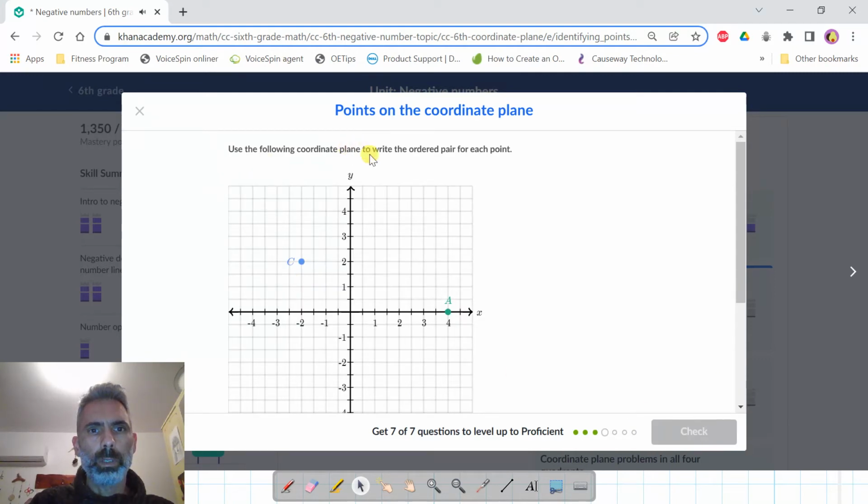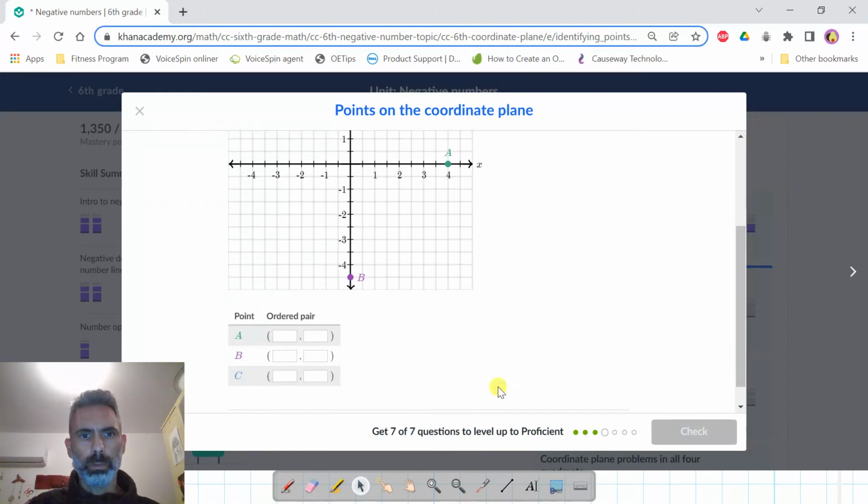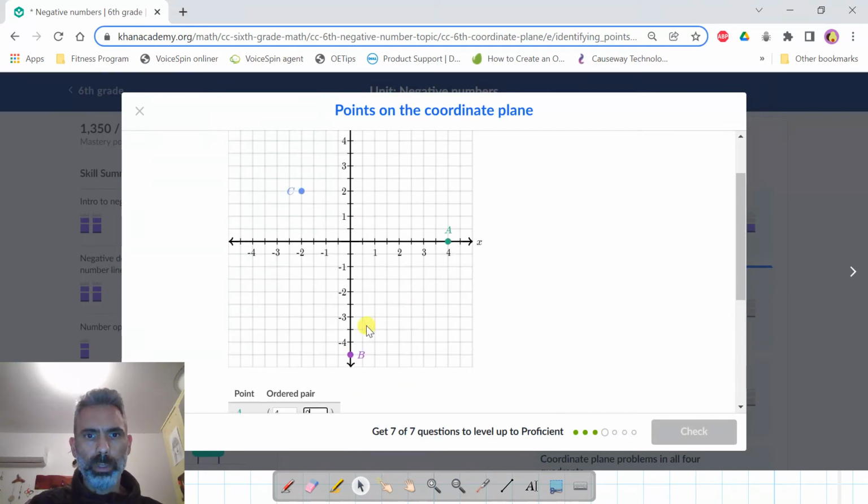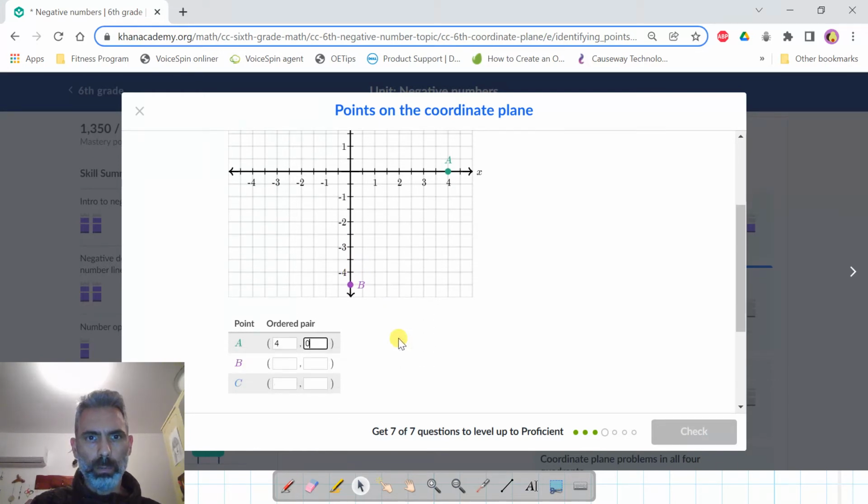Use the following coordinate plane to write the ordered pair for each point. Okay, so point A on the x is 4 and on the y is 0. Point B on the x is 0 and on the y is 4.5.